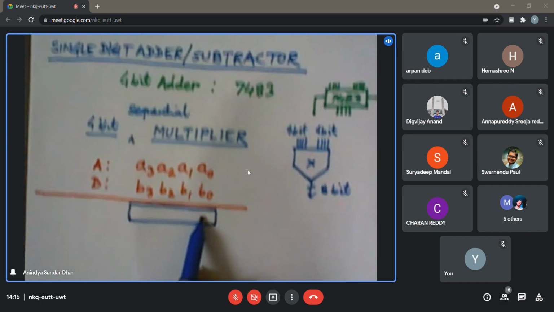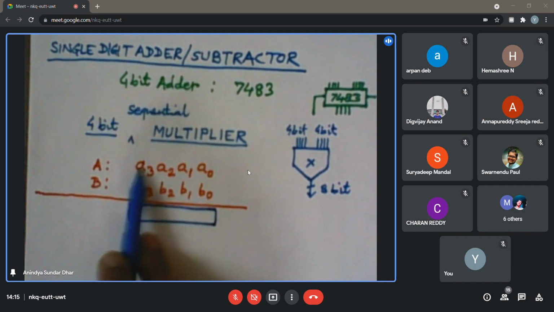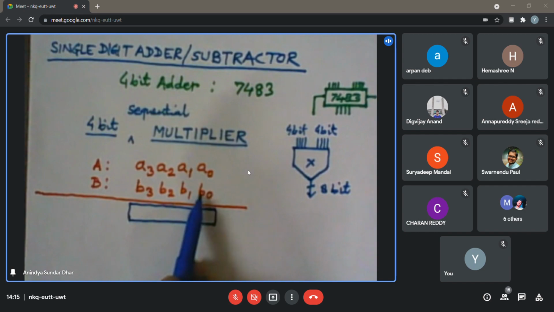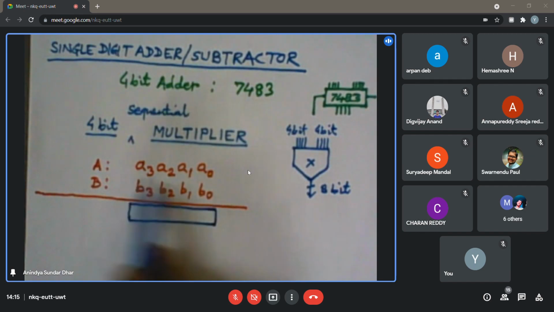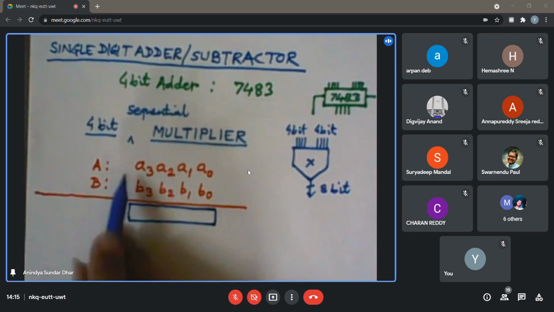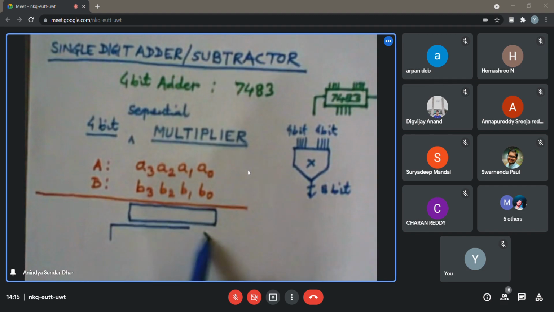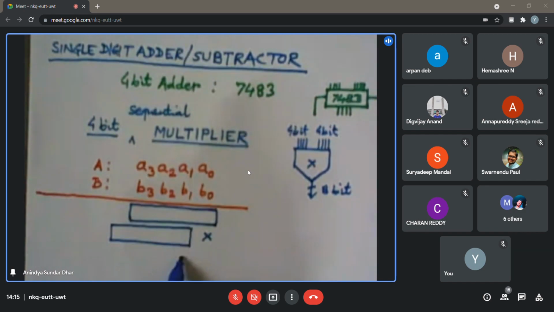So it has 2 probable values, and it may come from bitwise ANDing of this with B0. If B0 is 0, A0 AND B0 yields 0, and so on. If B0 is 1, it will yield the same number. Next time I will pick up B1 and once again do the same thing. Again there would be 2 possibilities, and I need to write that partial product after shifting by 1 position.